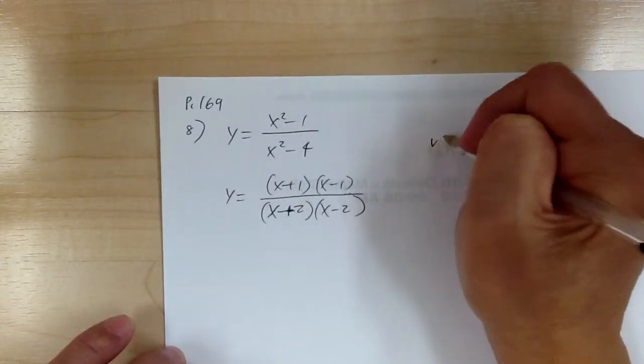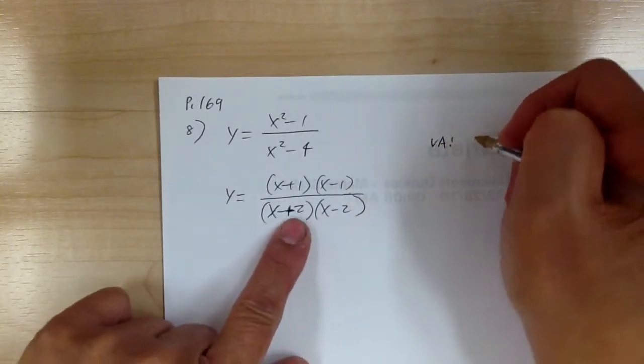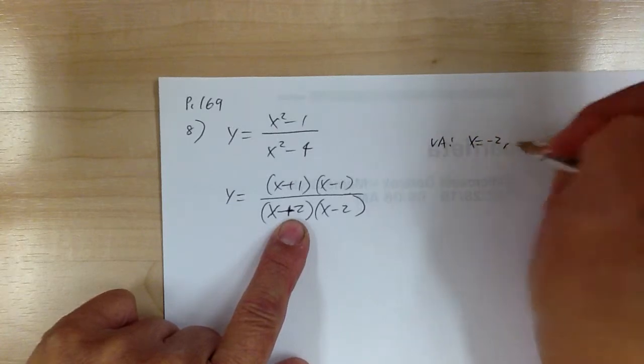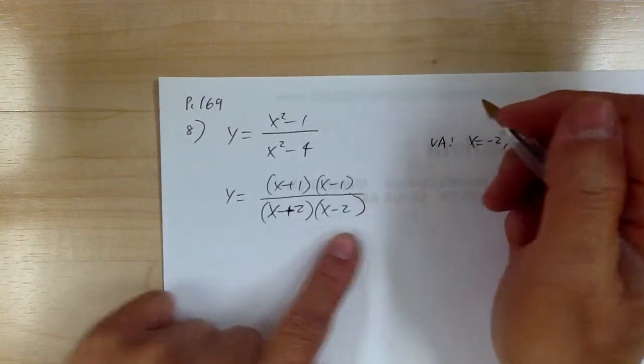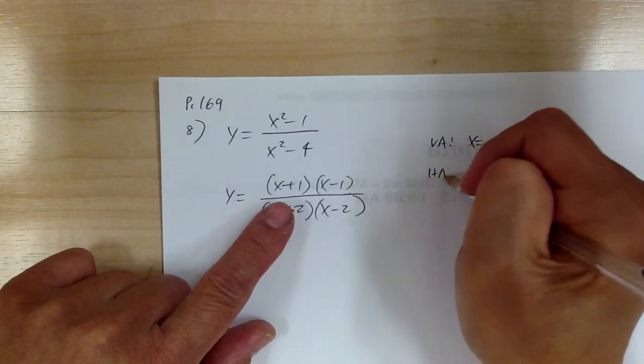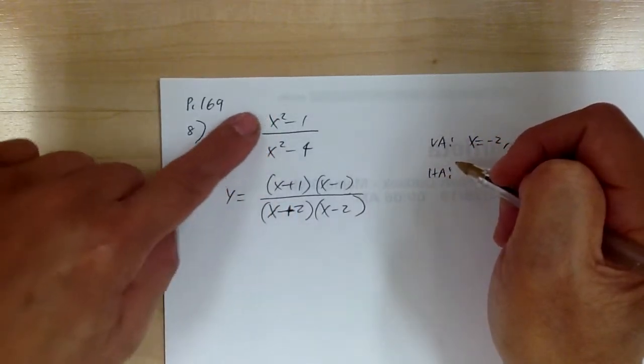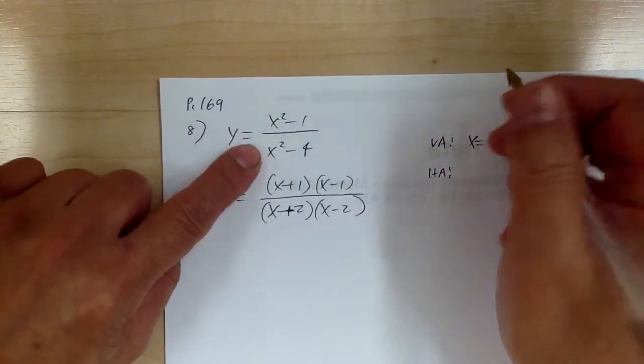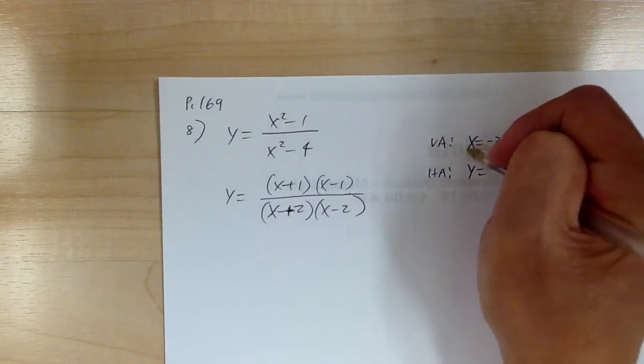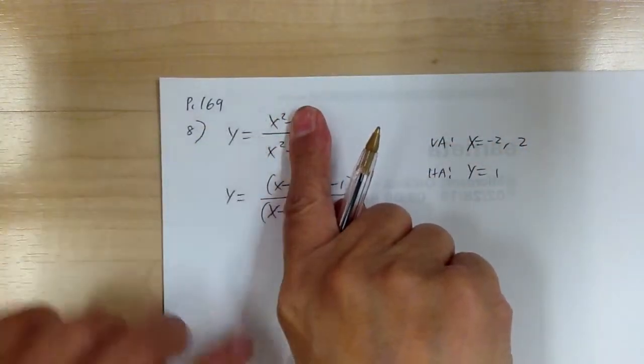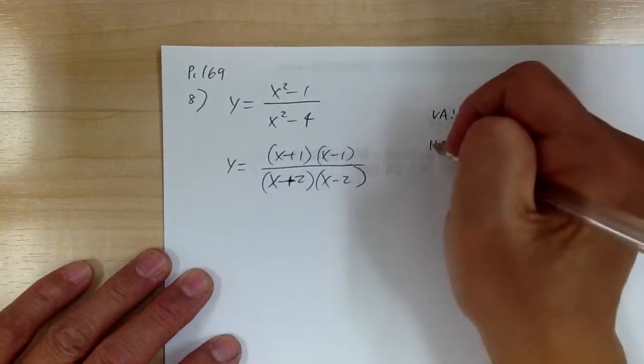Okay, so vertical asymptote is from here. So you're going to get x equal to negative 2 and positive 2. Now to figure out your horizontal asymptote, you just look up here. So you got x squared divided by x squared, so you're going to get y equal to 1. Again, you only look at the highest degree when you're looking for the horizontal asymptote.